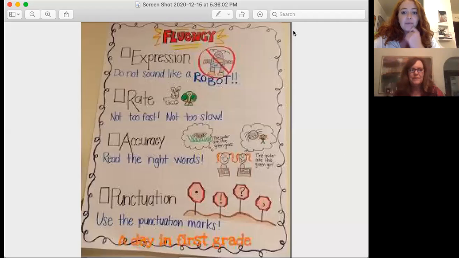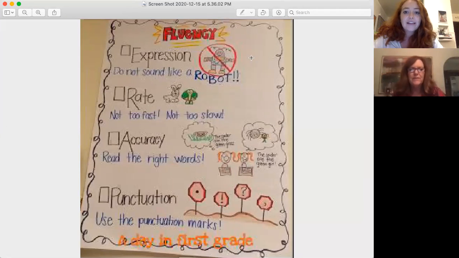Yes. You do? Okay. Let's do a quick review before we get started, just to make sure. Can you see this screen? Yes. Okay. So these are our 4 points that I really want you to remember while we are reading fluently. So our first point is that we are reading with expression.